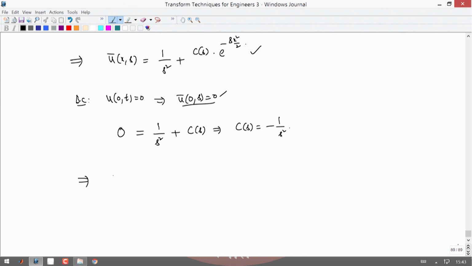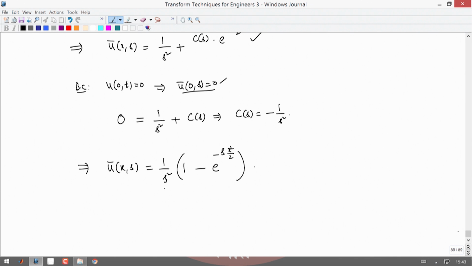So, this implies u bar of x s is 1 by s square minus e power minus s x square by 2 by s square. So, this is your Laplace transform of u. If you invert this, you can get your solution. So, u at x t is t here, minus L inverse of e power minus s x square by 2 by s square.